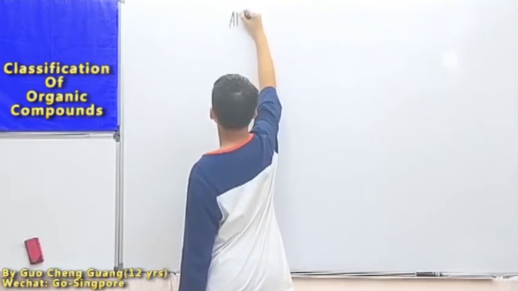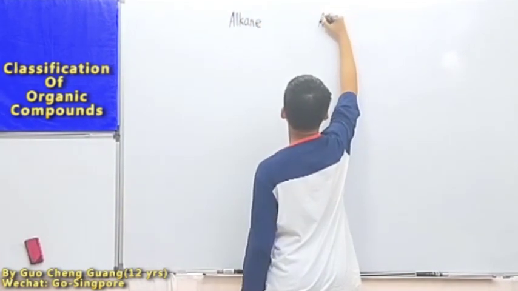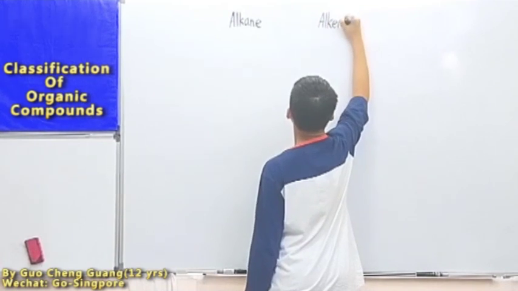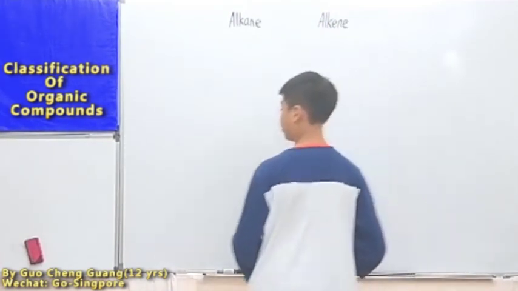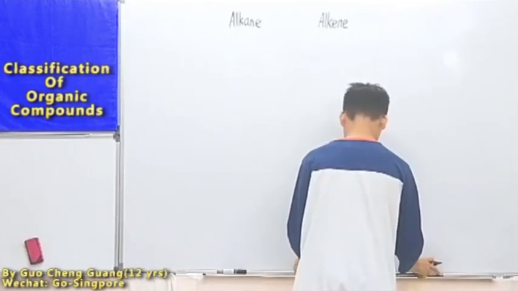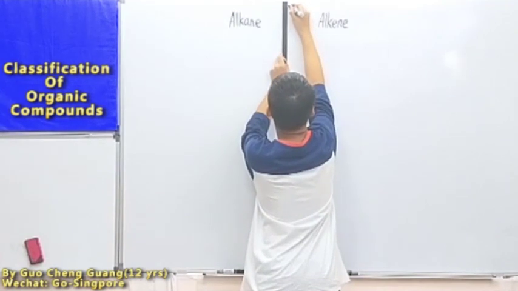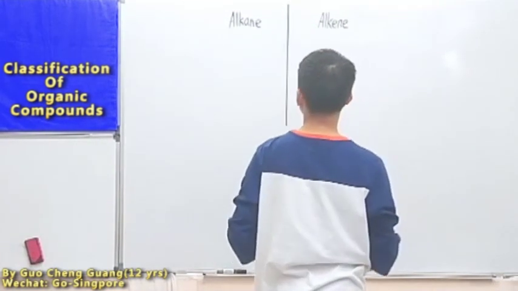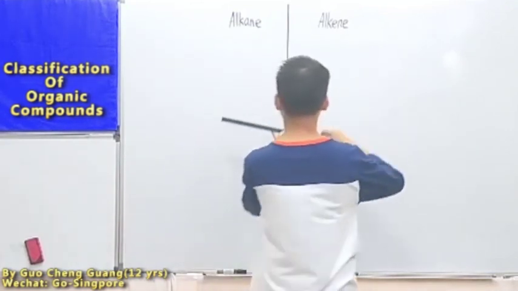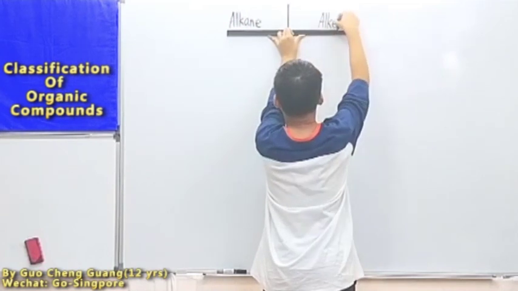One is alkane, the other is alkene. So these will be the two that we'll have for this time. Right now for this alkane and alkene, let's take a look at their first difference.